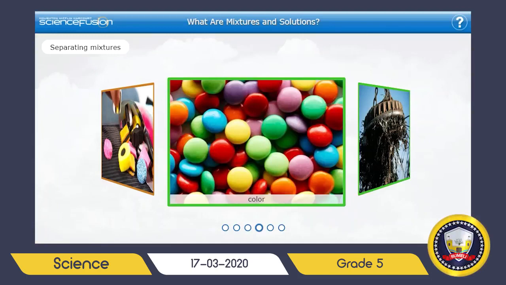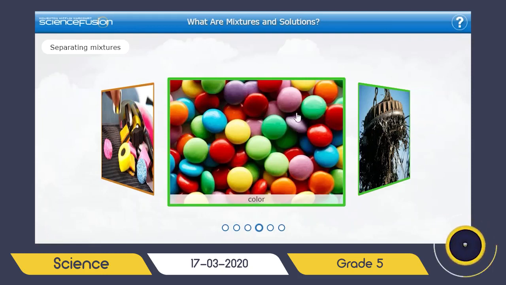You can choose the same color from this mixture. For example, you can select the green ones first and the red ones, and you can easily separate this mixture into its ingredients.